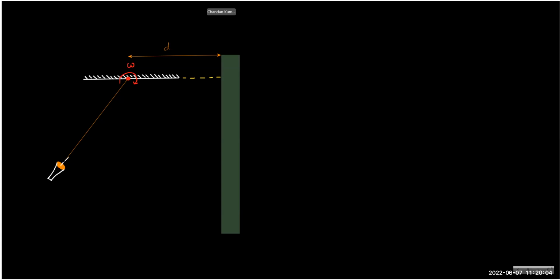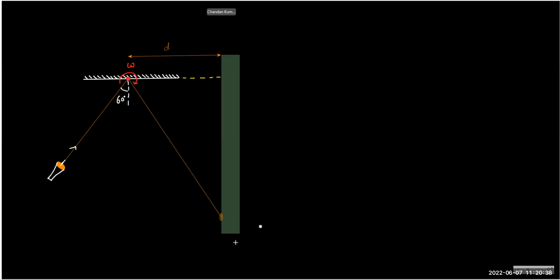Light ray is always coming this way, but the mirror is turning. So this light is coming always like this. So at an instant when the mirror is horizontal, this angle is, let's say, 60 degrees. So at that instant, the light ray after reflection must be reaching the wall somewhere here, and it will create a spot.